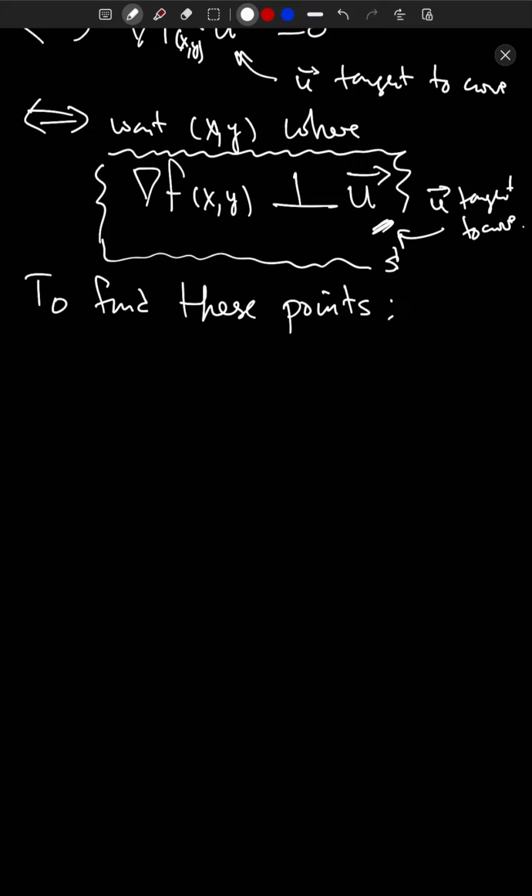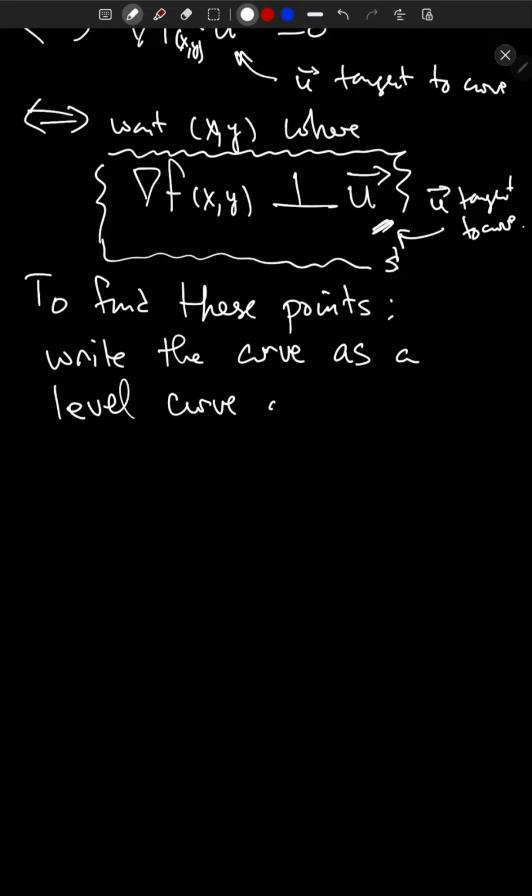But the new idea, the Lagrange multiplier idea, is to find these points, write the curve or the road as a level curve of some function. Then we're going to exploit the fact that we understand level curves.